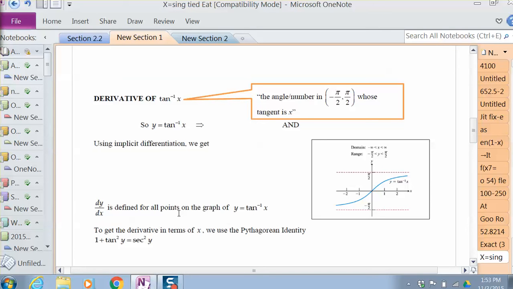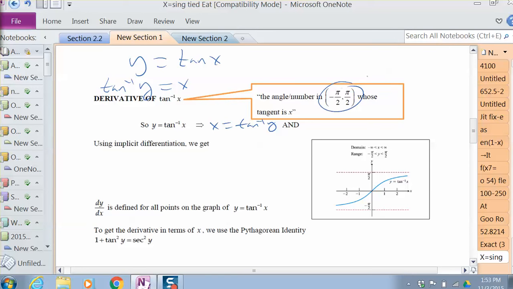So if y equals tan x, then of course x equals inverse tan of y. Now, we do a similar default range from negative pi over 2 to pi over 2, but non-inclusive.